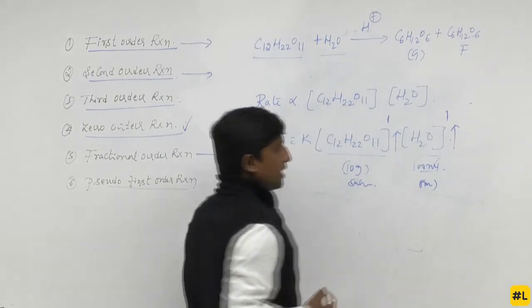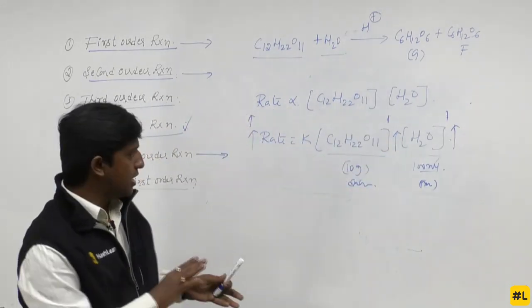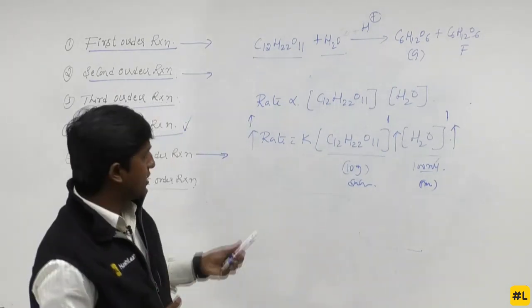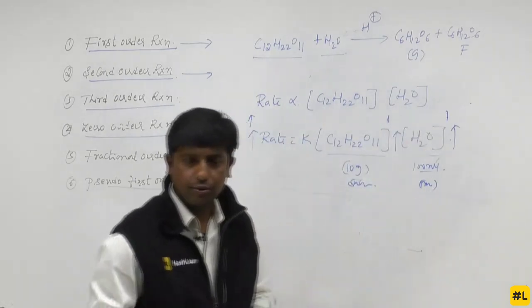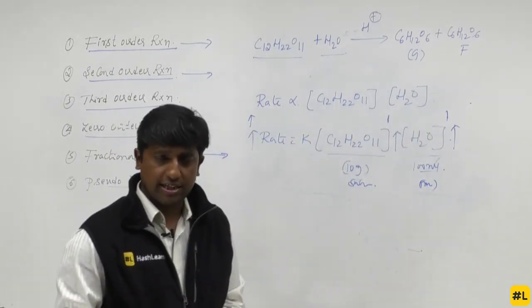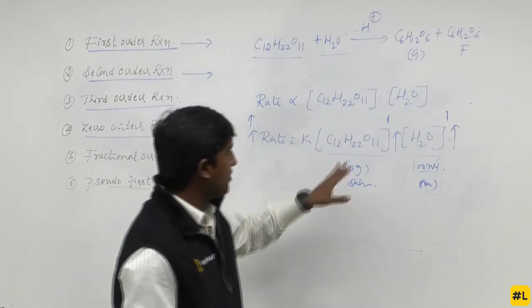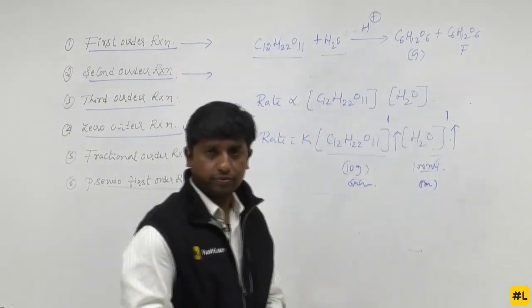Hence, I say that the order of the reaction with respect to water is 1. This is how one would expect about this particular equation. It seems that it is a second order reaction, 1 plus 1, which will be equal to 2. But in actual practice, when we are preparing a sugar solution, we always take solute in a lesser amount and solvent in a greater amount.